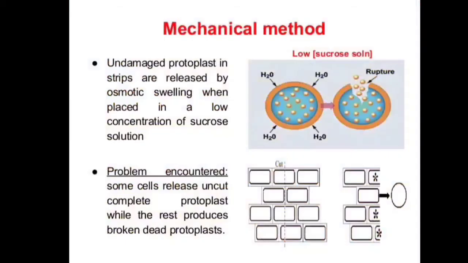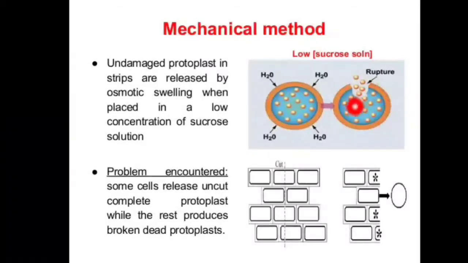So what happens in a mechanical method is that the large and highly vacuolated cells of the storage tissues, okay? So we know what are the storage tissues, okay? Tissues like onion bulb scales, radish root and beetroot could be used for the isolation of the protoplast.